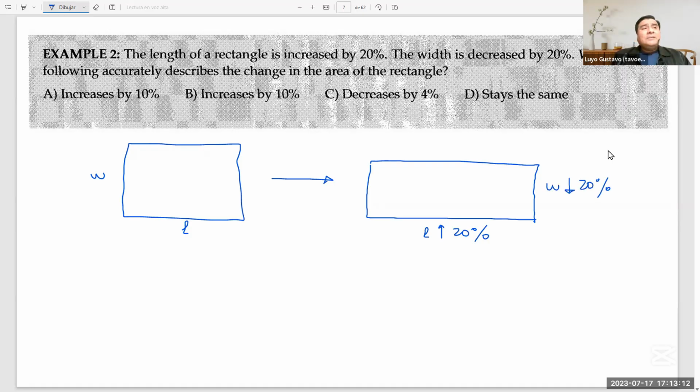So what happens to the area? If this is the area of the original rectangle, what will happen with the new rectangle? What is this area A prime regarding the original one? Increased, decreased, or the same? What do you think? That's the question.